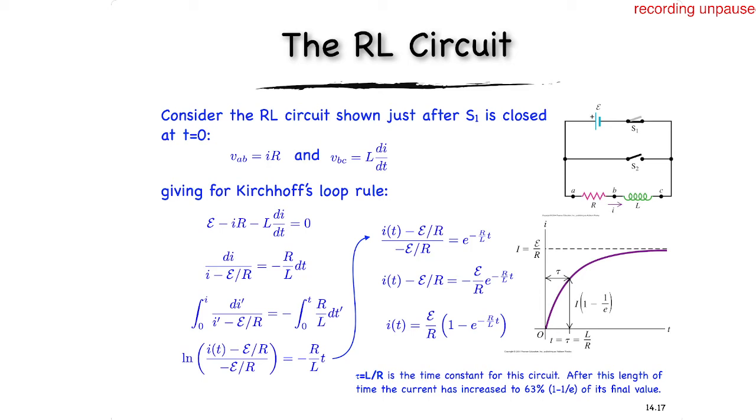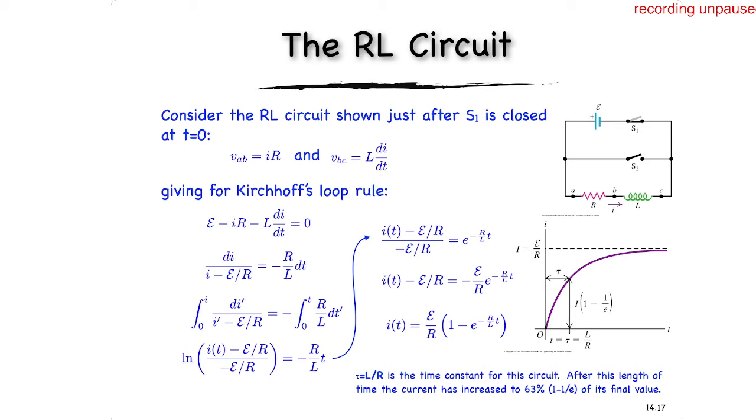So let me look at this expression. Remember, I just closed the switch. There was no current flowing through the inductor. So at time 0, I expect there not to be any current through the inductor. When I set t equal to 0, this goes to 1, and I have 1 minus 1, which is 0. So initially, there's no current through the inductor.